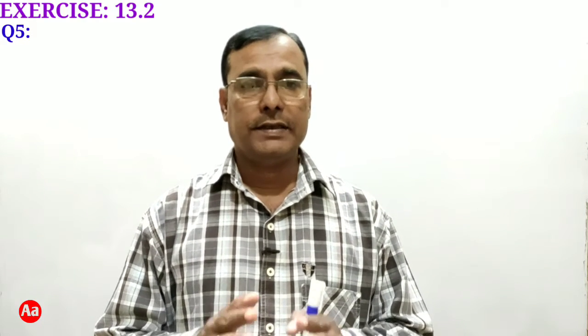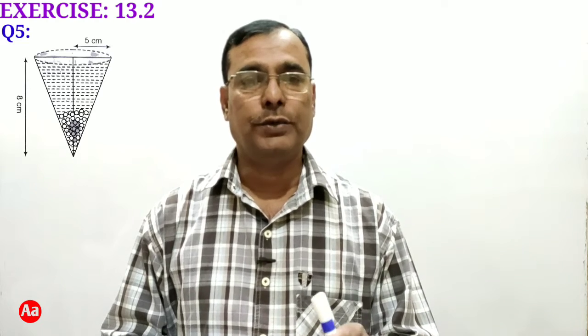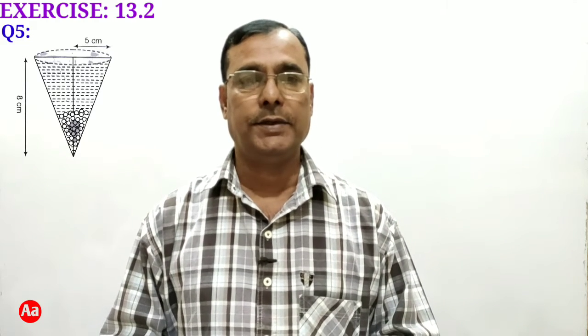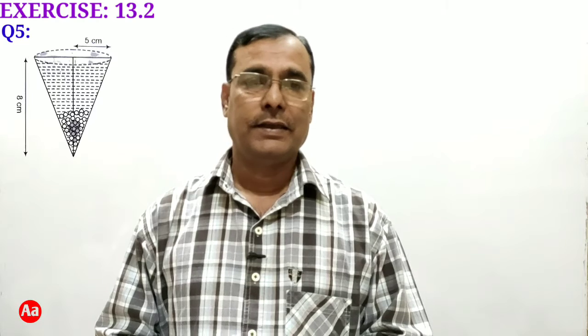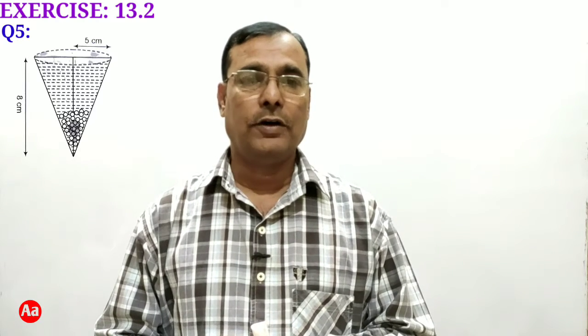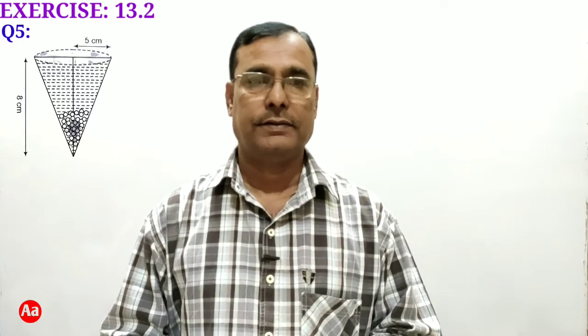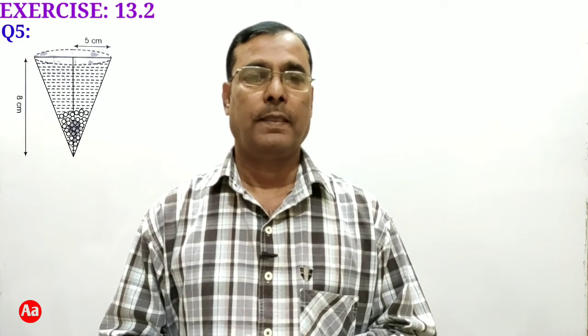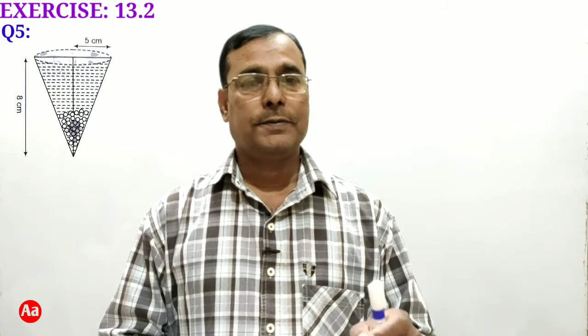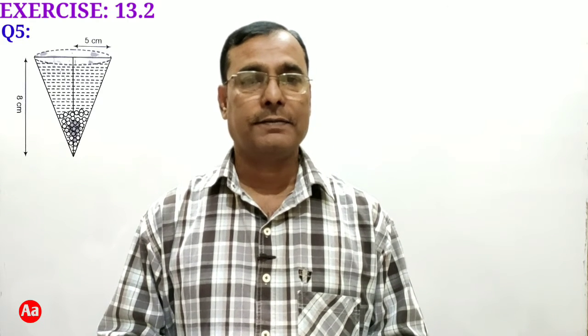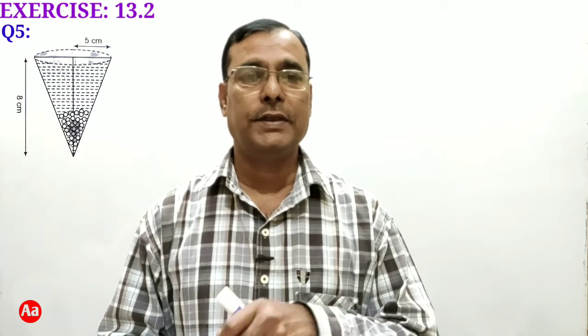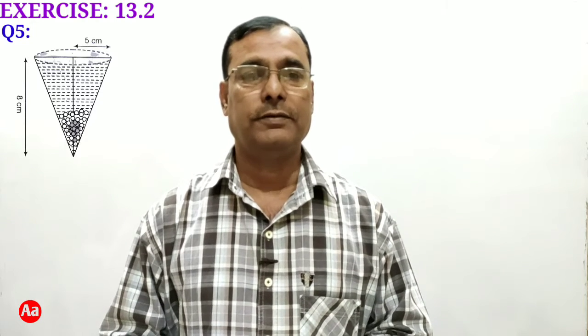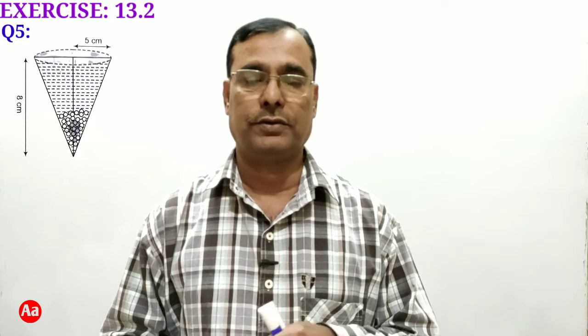Now let's see question number 5. A vessel is in the form of an inverted cone of height 8 centimeter and radius, which is open at the top, is 5 centimeter. It is filled with water up to the brim. When spherical lead shots of radius 0.5 centimeter are dropped in the vessel, 1/4 of volume of water flows out.